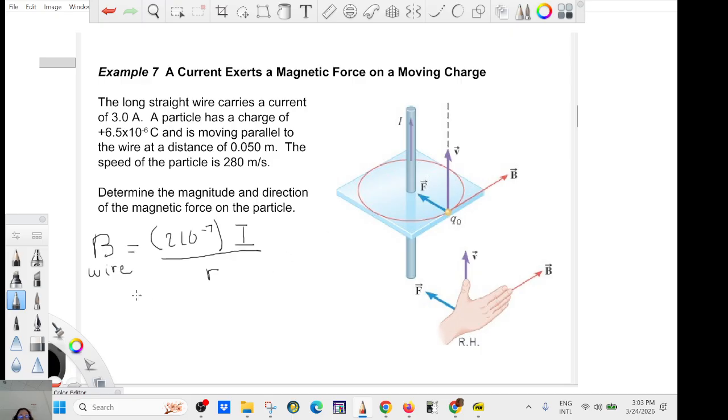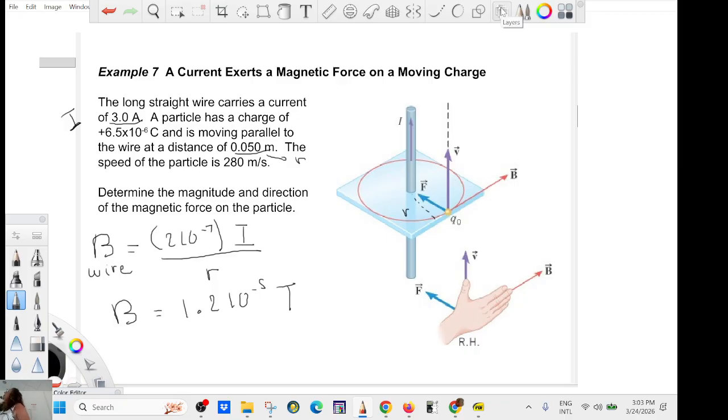Is it 1.2 times 10 to the negative 5? Yeah, 1.2. The current is 3, the distance here is R. Plug it in, and indeed you find 1.2 times 10 to the negative 5 Tesla. At a distance R, that's going to be the magnetic field.